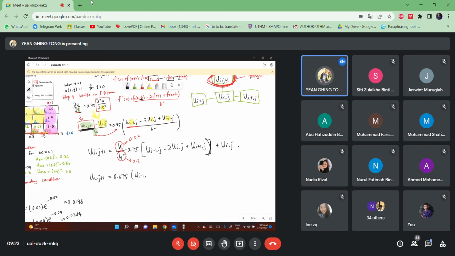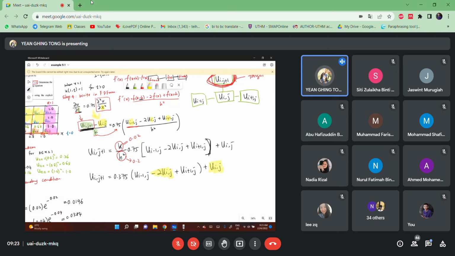Okay. So u(i, j plus 1) equal to 0.375 times u(i minus 1, j) minus 2u(i, j) plus u(i plus 1, j), plus u(i, j). Okay, now this one, we have 2 u(i, j) yang sama dengan dia, u(i, j).